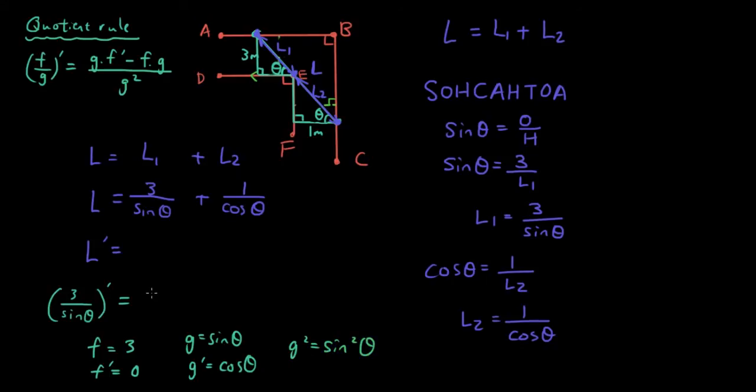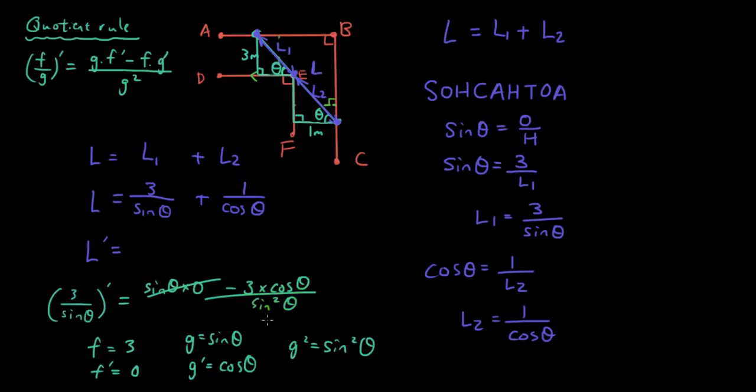So writing that out will be g, which is sine theta, times f dash, so times 0, so that's gone, minus f, that's 3, times g dash, which is cos theta, over g squared, so that's sine squared theta.